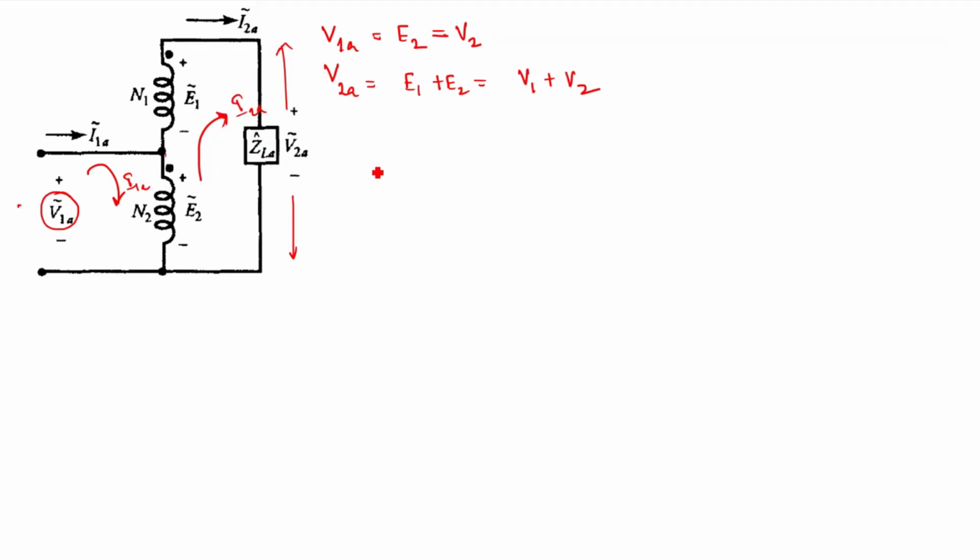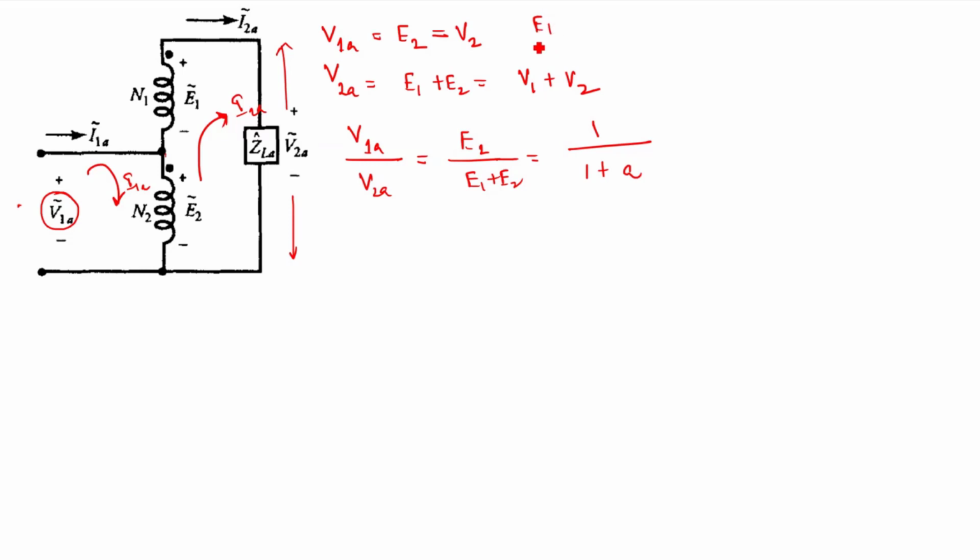Okay. So now if we find the ratio V1A by V2A, how will I write? I'll write E2 by E1 plus E2. Okay. So now it will be 1 by 1 plus A, right? Because if we divide E2 in the denominator, it will become E1 by E2.